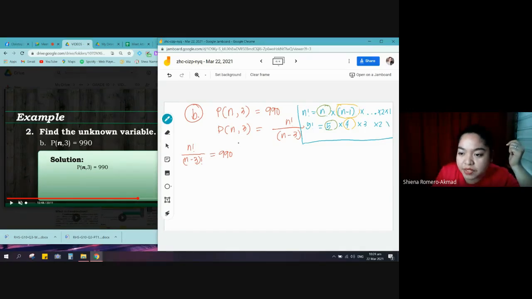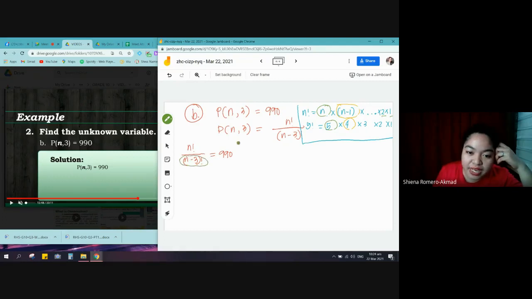Times 2 and times 1. So yung n factorial can be expressed as n times n minus 1 times n minus 2 times n minus 3 until you get to 2 and 1. So that's 5 times 4 times 3 times 2 times 1. Kaya lang dito, our example here is n minus 3.